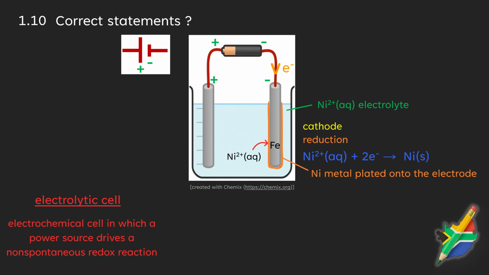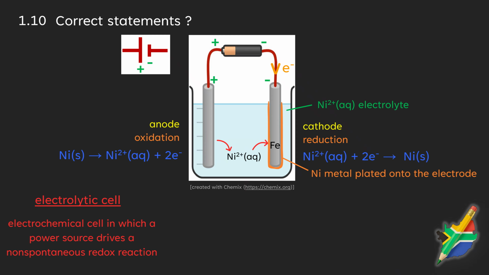If the other electrode does not release nickel ions into solution, the concentration of nickel ions in solution will decrease over time as they are reduced and plated onto the iron rod. The other electrode is the anode. Oxidation always occurs at the anode.